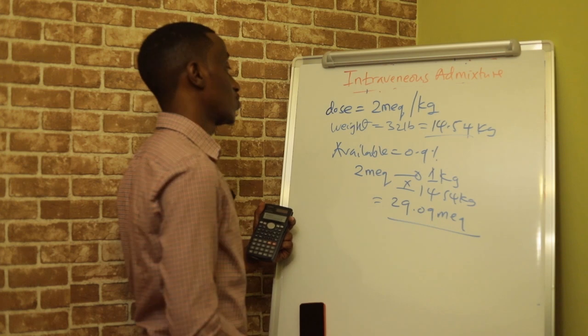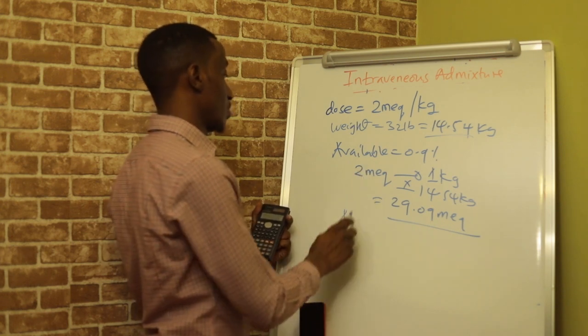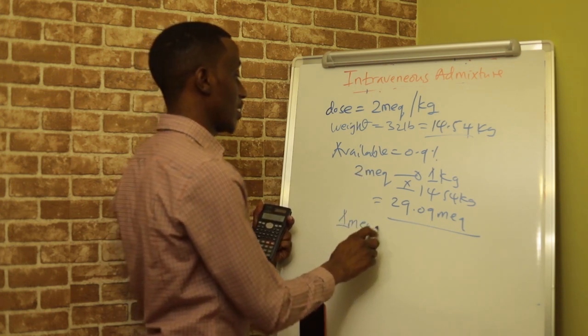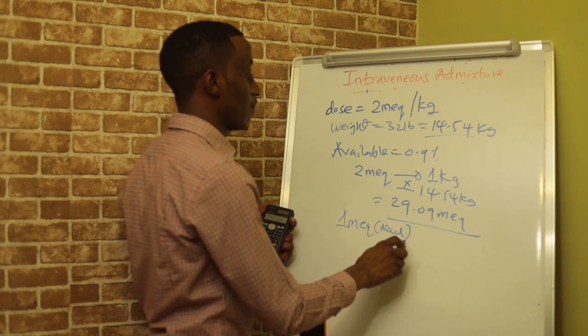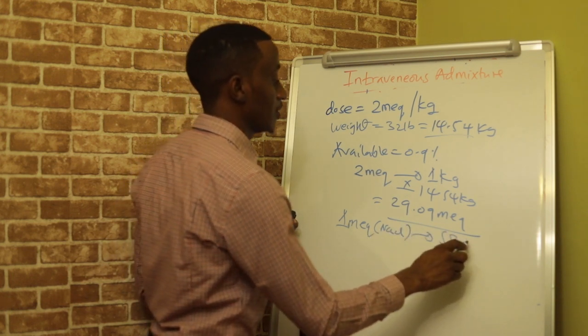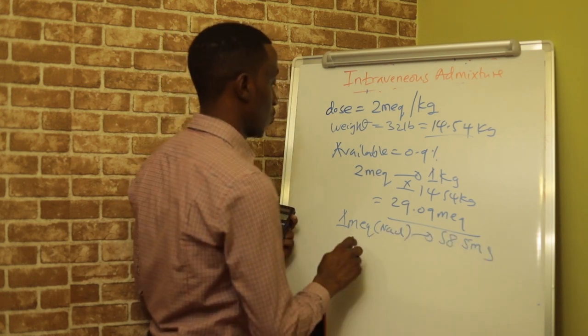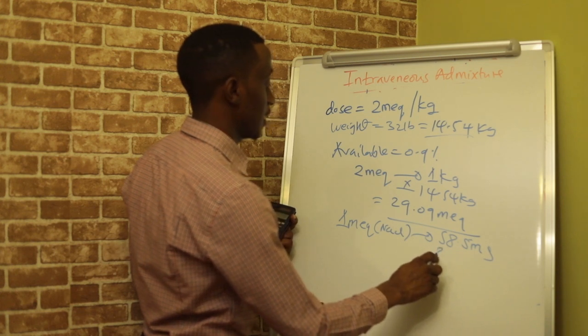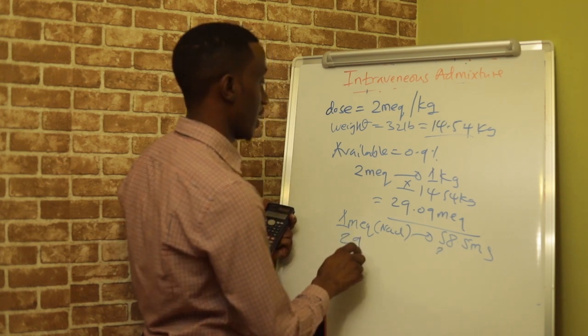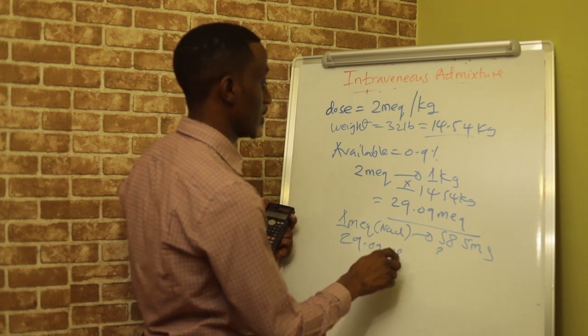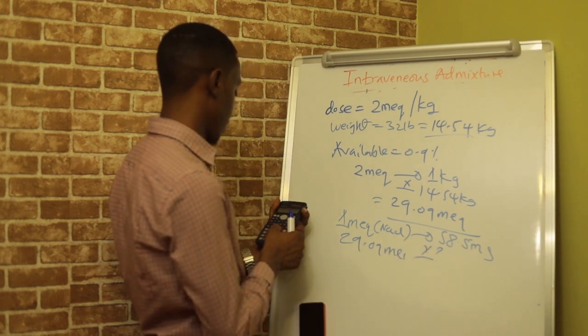So convert these into grams. Remember, this is sodium chloride. 1 milliequivalent of sodium chloride is provided by 58.5 milligrams. So this 29.09 mEq of sodium will provide how many?